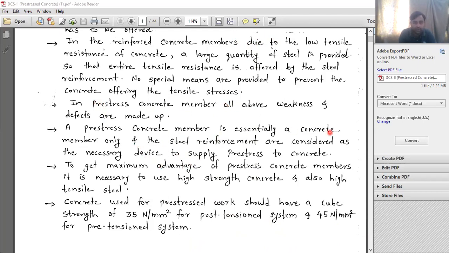A prestressed concrete member is essentially a concrete member only, and the steel reinforcement is considered as a necessary device to supply the prestress to the concrete. I already told you how the prestress is supplied to the concrete.